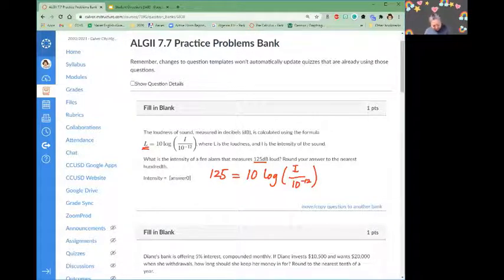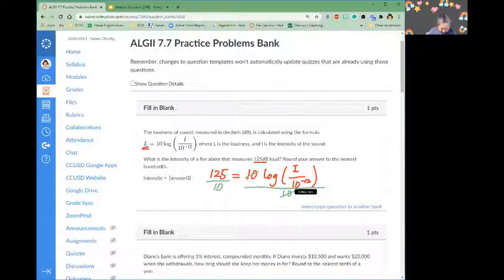I is on my right-hand side, and we will do mathematical manipulation to both sides so that we can isolate I. The first step is, I notice there's 10 multiplying, so we divide both sides by 10 to get rid of this 10.